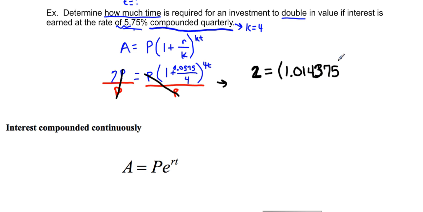No rounding until the very end, so even though that's got 6 decimals, go ahead and keep them. And then that raised to the 4t.